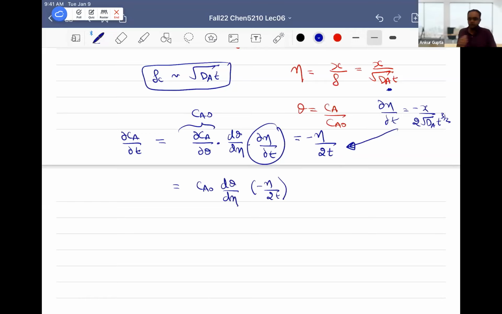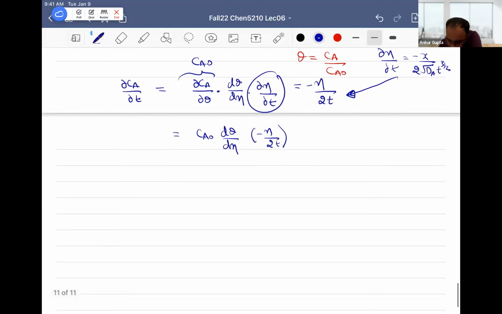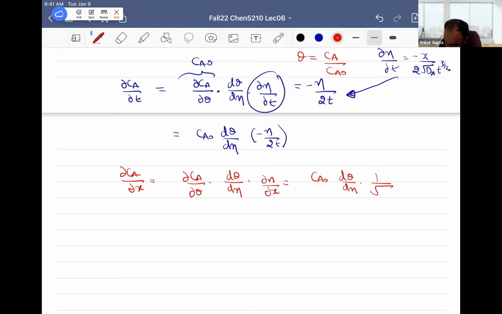I'll give you the final two values of how to go about this. So del CA by del x is del CA by del theta, d theta by d eta and del eta by del x. This is simple. This comes out to be d theta by d eta times 1 by square root of Dt.